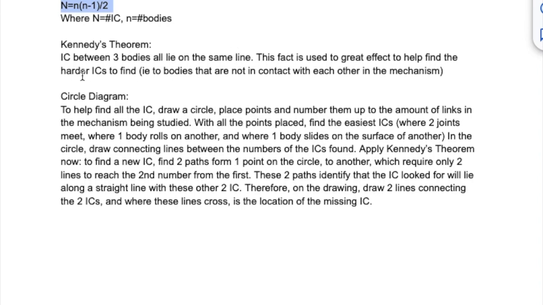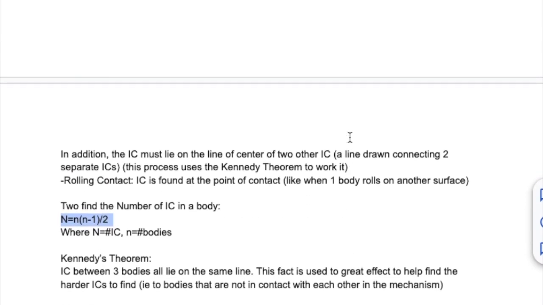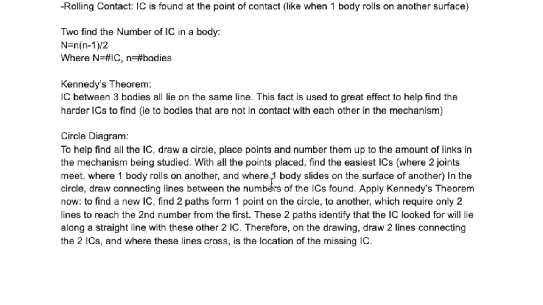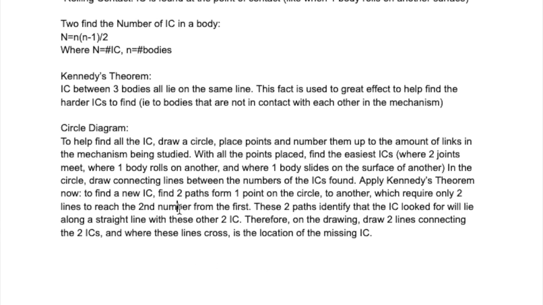We already went over the Kennedy theorem, which says that the instance centers between 3 bodies all lie on the same line. With this knowledge, we're going to find all the other instance centers for direct contact mechanisms, a little differently.